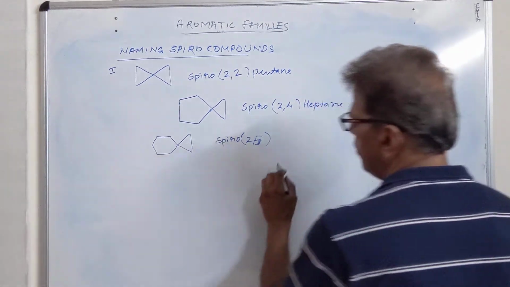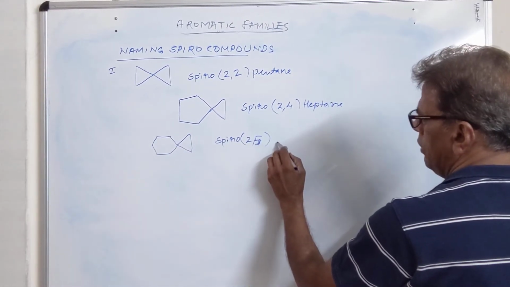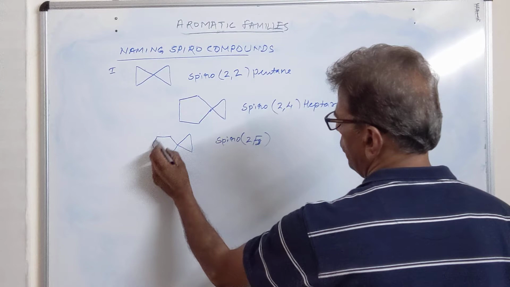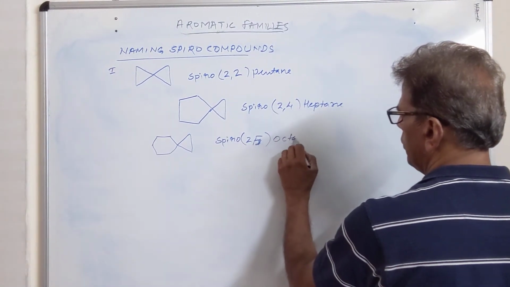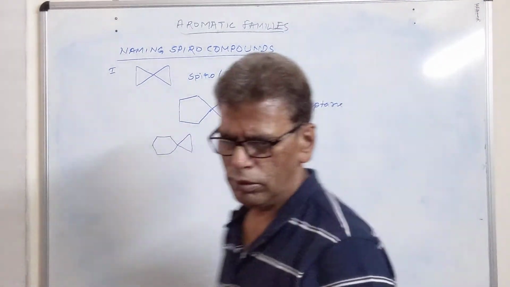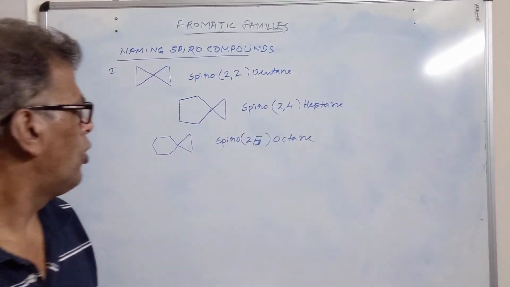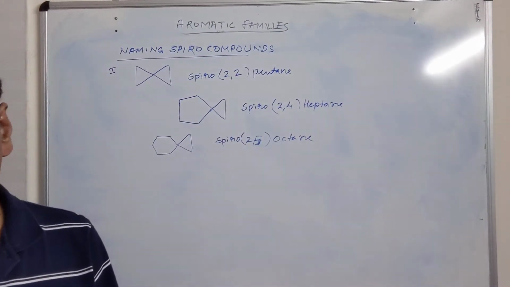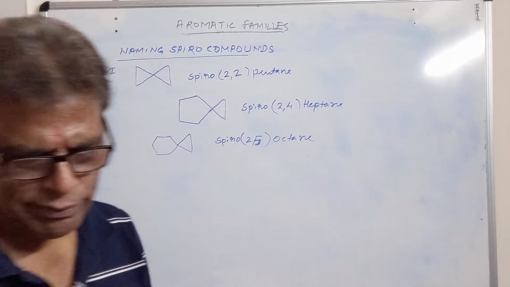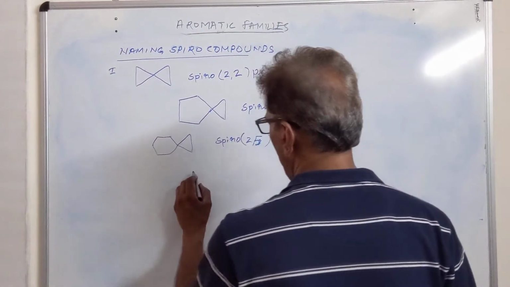Then we have 7 carbon here, 3 and 1 2 3 4 5, 8 carbon, octane. So Spiro compounds are named like this. Spiro 2,5 octane.